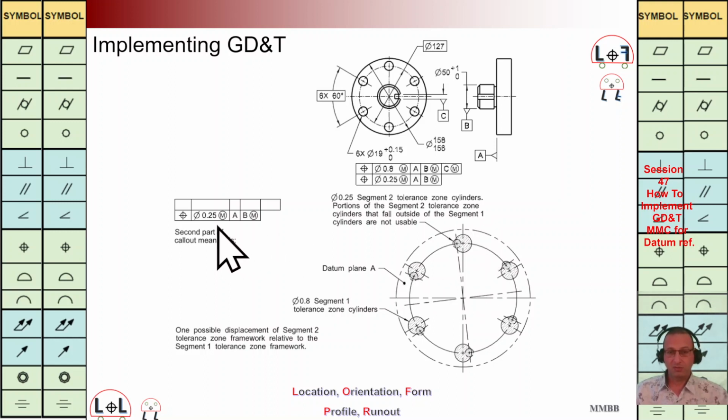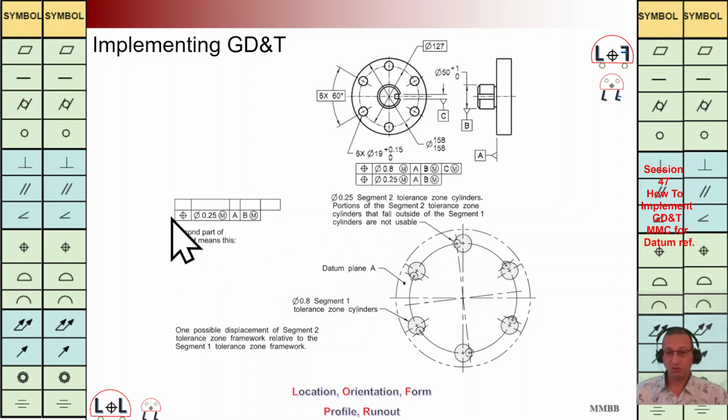Here, the same as always, let's say M we are going to have here. It means we are going to have dynamic TZ. We discussed that a lot. And here, we are going to have two cylinders, the diameter of 0.25 and 0.8.